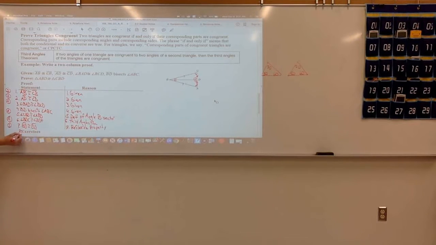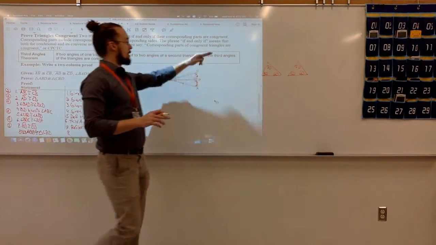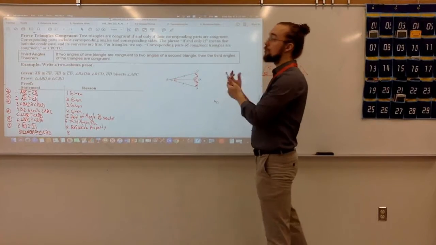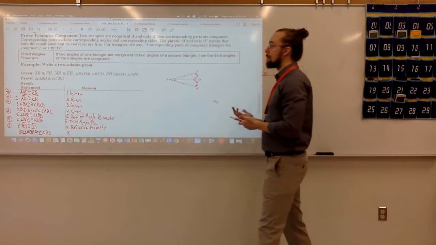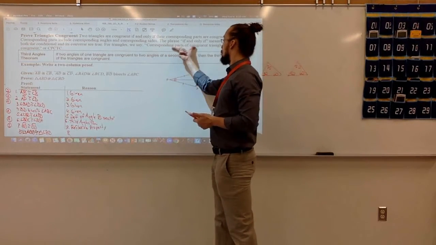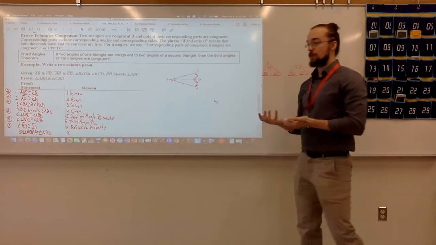So my last line here is going to be triangle ABD is congruent to triangle CBD. Now, our reason is listed up here. Once we've shown that all pairs of corresponding parts are congruent, I can just say corresponding parts of congruent triangles are congruent.